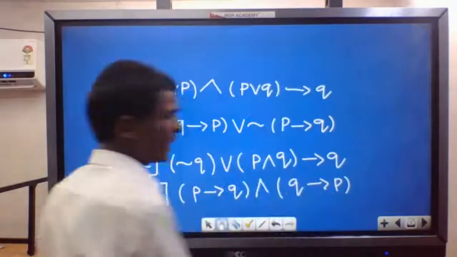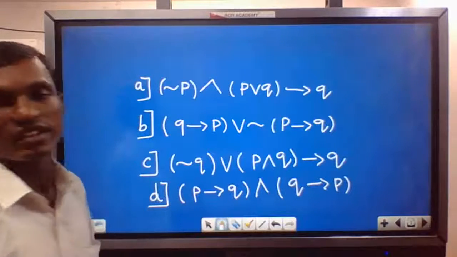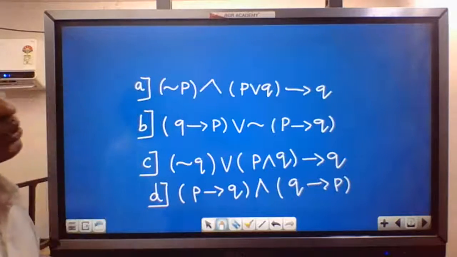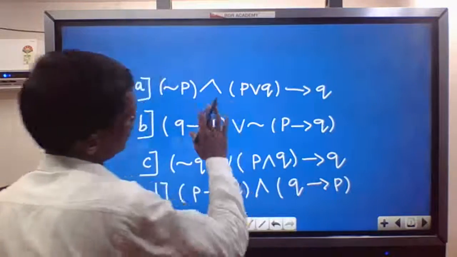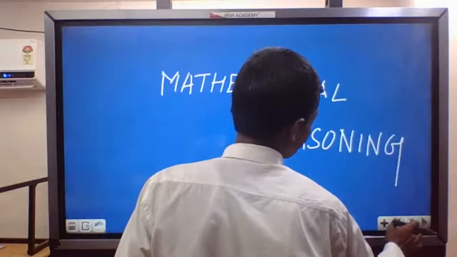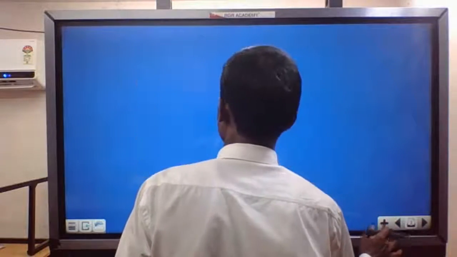We understand that to prove a tautology in the given options, we use the truth table. Mainly, the first thing I must take. What is the first one?